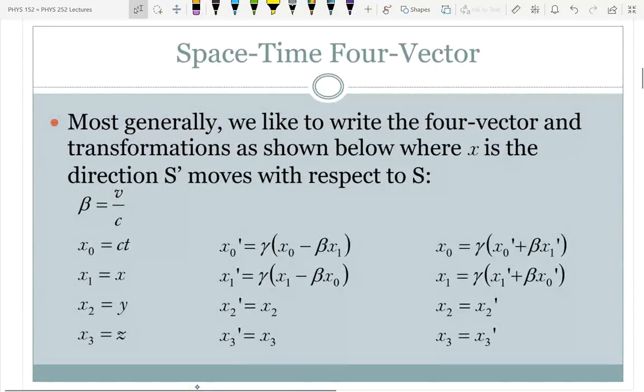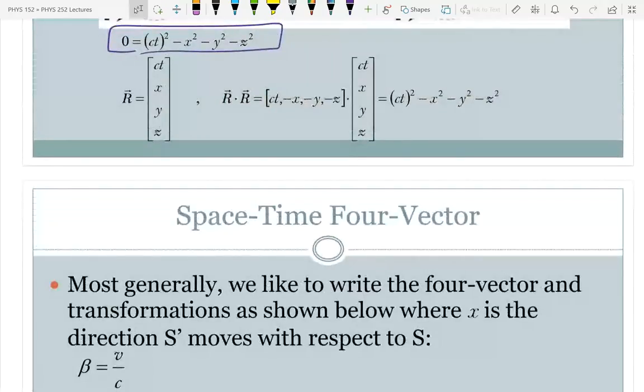So these are the equations that we came to. Remember, there were many slides between here and here where we said we should have a linear transformation between position and time.